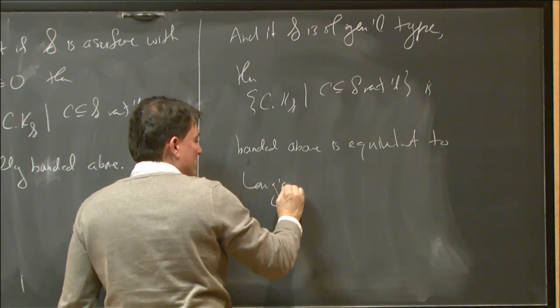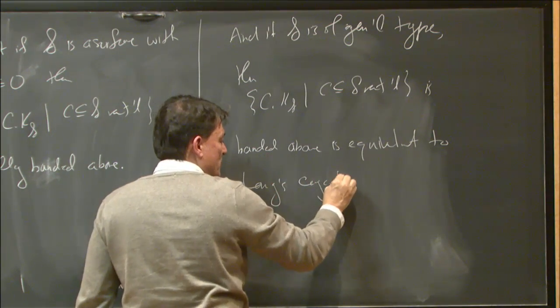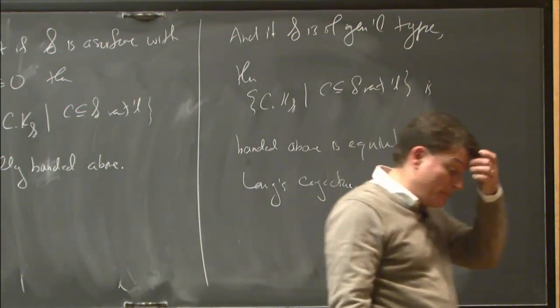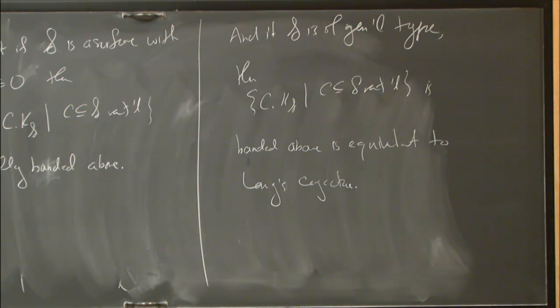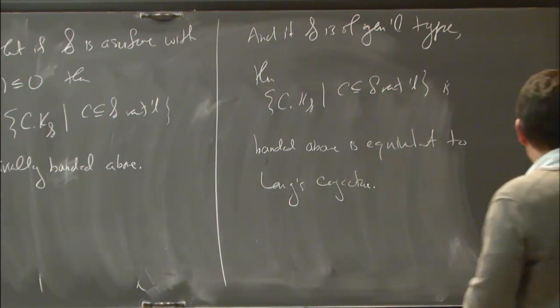So which one of Lang's conjectures? Lang conjectures, among other things, that a surface of general type should have only finitely many rational curves on it. Certainly if it has finitely many rational curves, then this number is bounded above. But those rational curves don't move in their linear series, so if you bound their degrees, you actually bound them in numbers. So Lang's conjecture is equivalent to that statement.